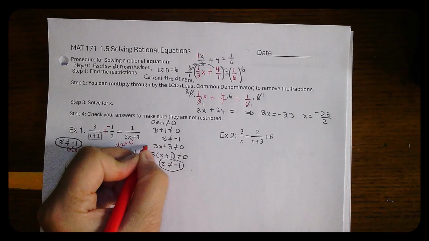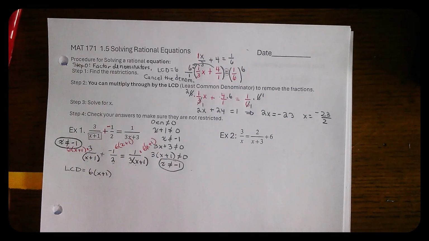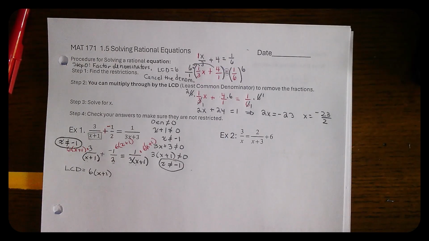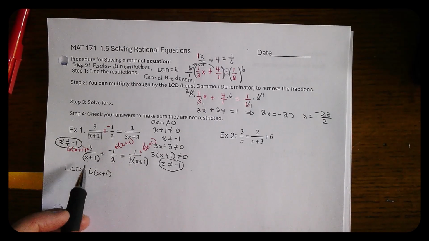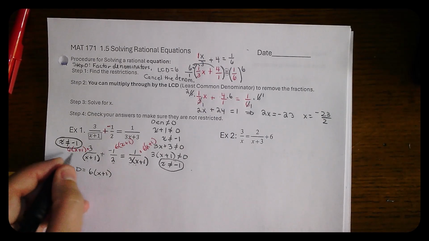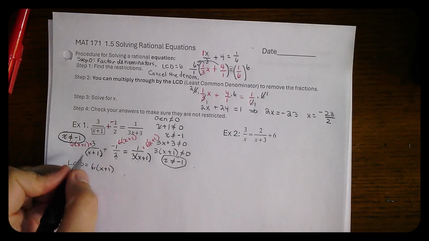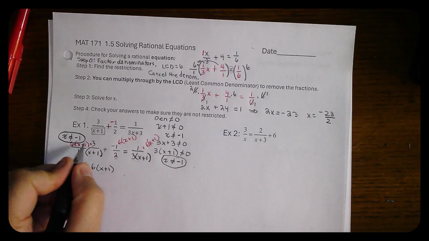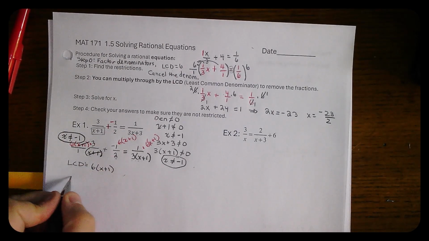And then over here, we're going to multiply by 6 times x plus 1. And then remember, your goal is to cancel. The reason you are multiplying through by the LCD is so that you can remove the fractions in the denominator. So if we do some cross-canceling, the x plus 1 divides out with this x plus 1, and you have 6 times 3, and you get 18.